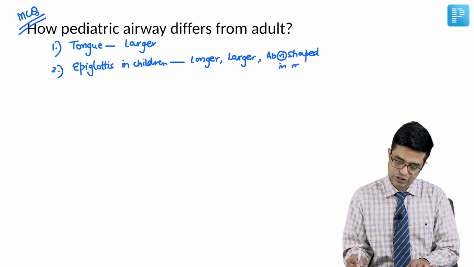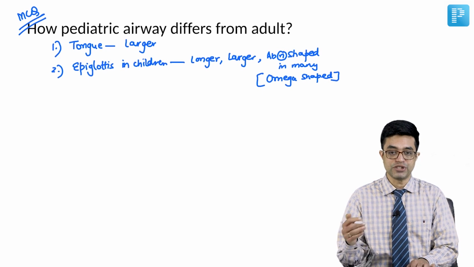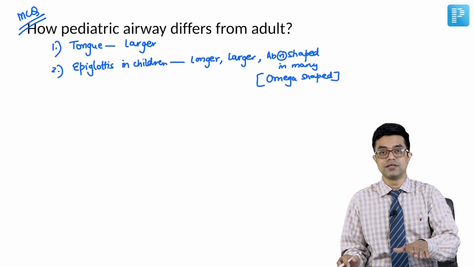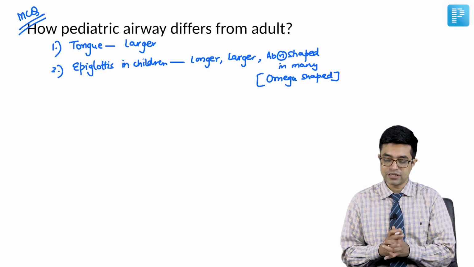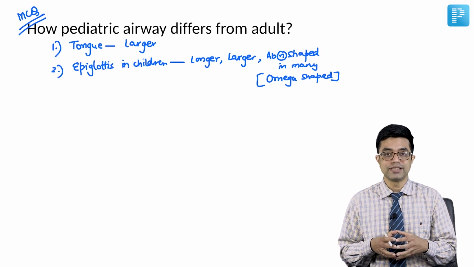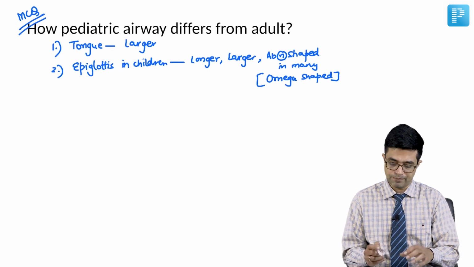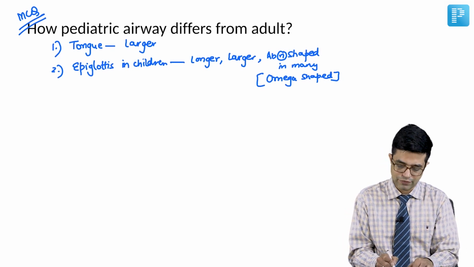And what is the abnormal shape? It is called omega shaped. Remember that an excessively omega shaped epiglottis is a feature of laryngomalacia also, as we shall see. But certain normal children, even asymptomatic, can have an omega shaped epiglottis. So a larger, longer epiglottis is seen in the pediatric airway. These are all normal physiological findings.